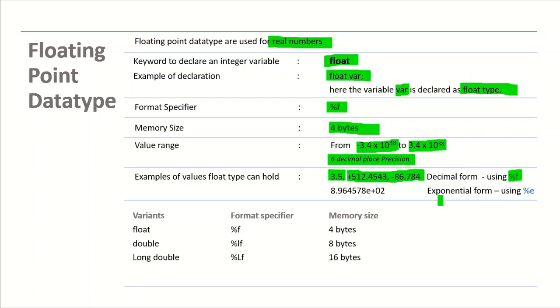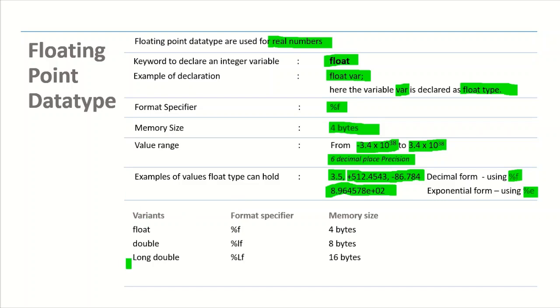The corresponding exponential form also can be written. This is one of the examples, 8.964578e+02. It can be printed or scanned using %e as the format specifier.